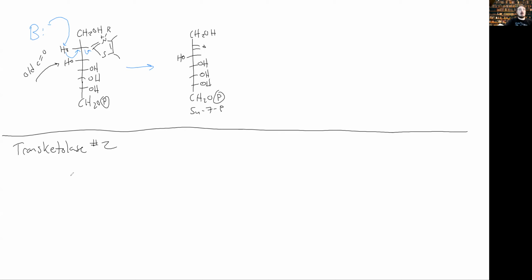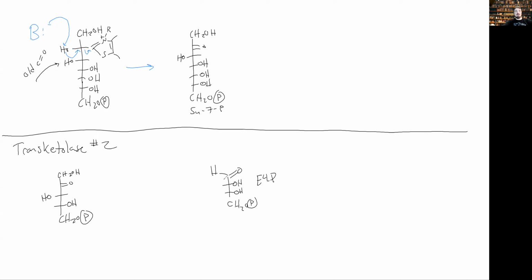Remember that transketolase always works with xylulose 5-phosphate. The second one is going to react with erythrose 4-phosphate for the recycling. So I want you guys to show me the mechanism for how the second transketolase goes. If you wanted to pause right now, that'd be fine. You can try to work it out and then come back to me when you're done.